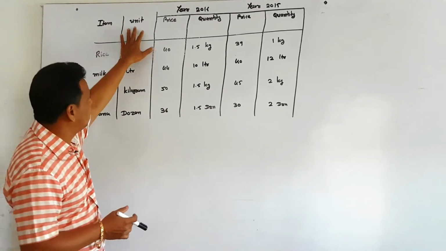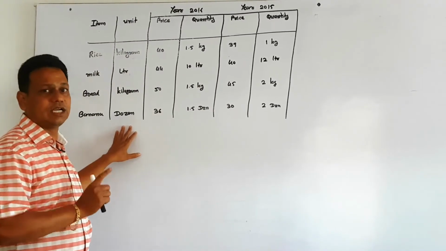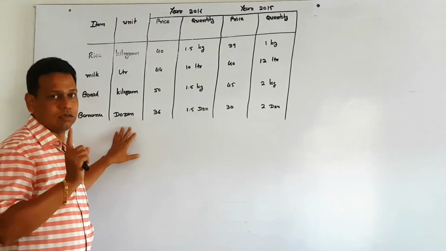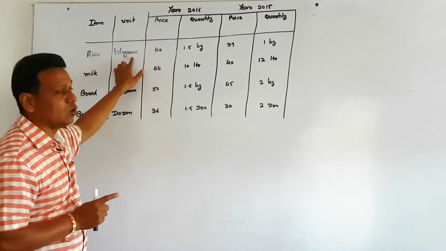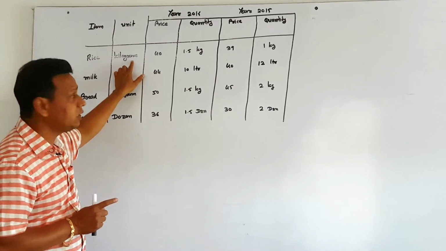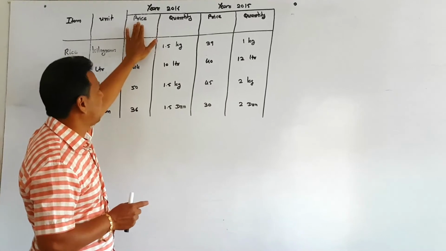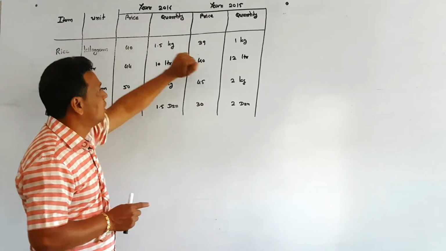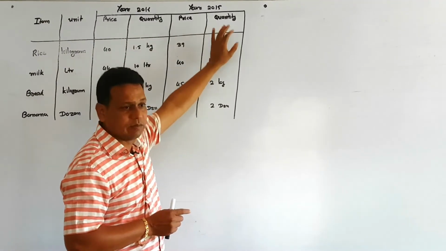So if they have given a column of unit, it is always associated with the price column. My dear friends, the prices are given per kilogram. Got it? Okay. So for year 2016 we have price and quantity available. For year 2015 we again have price and quantity available.